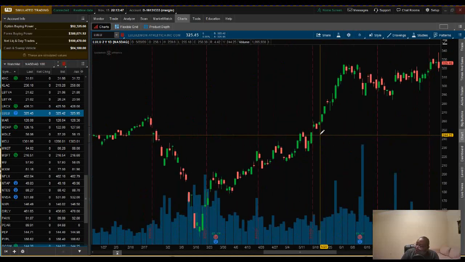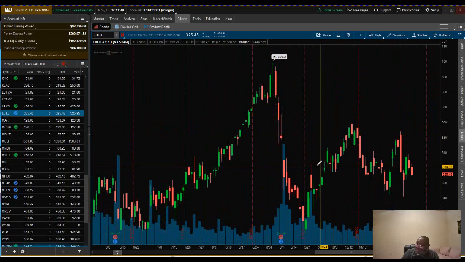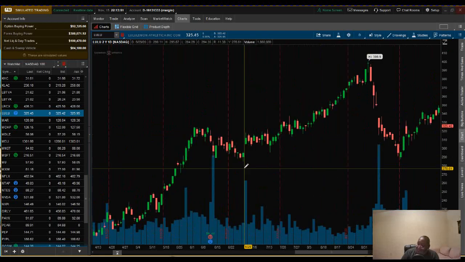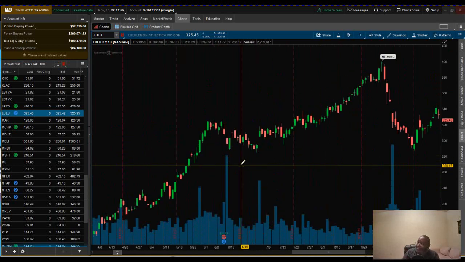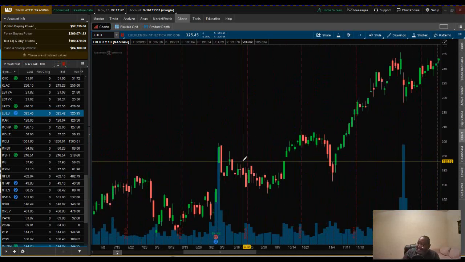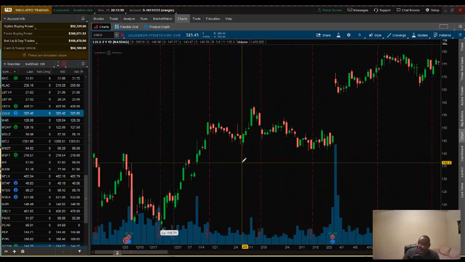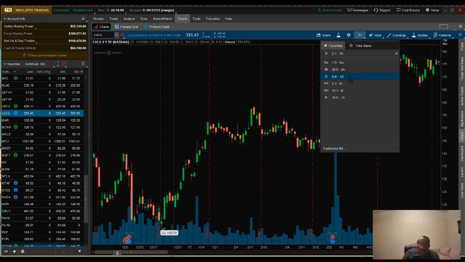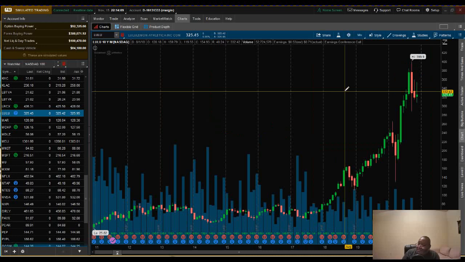But overall, it's going up. If you're looking to position trade, you can use this, and actually the day chart is how I mainly start all of my analysis. But if I'm going in for an investment, I know I'm going to be in there for a long time with Lululemon, so I want to start here.